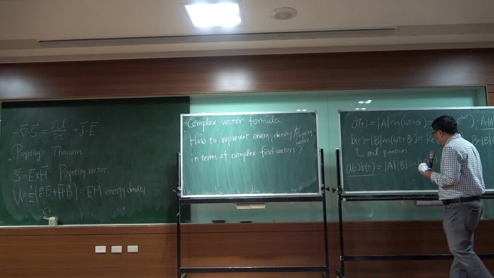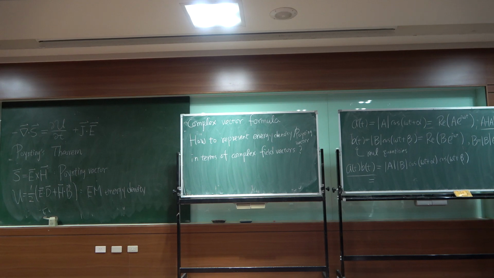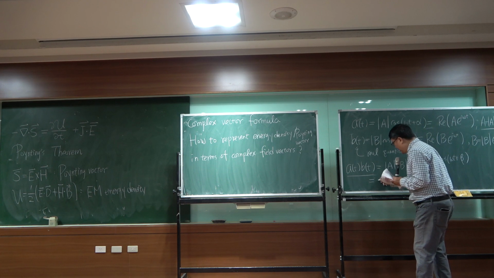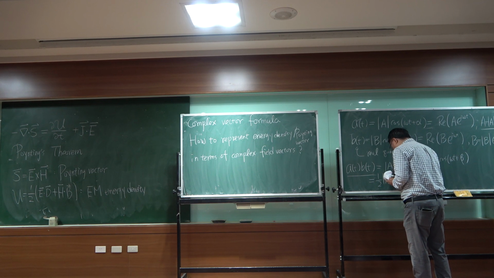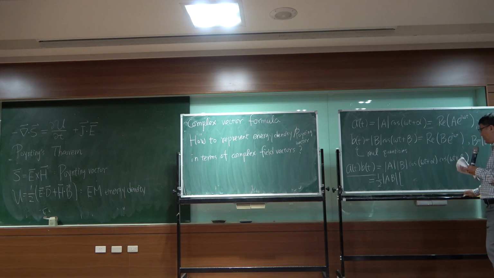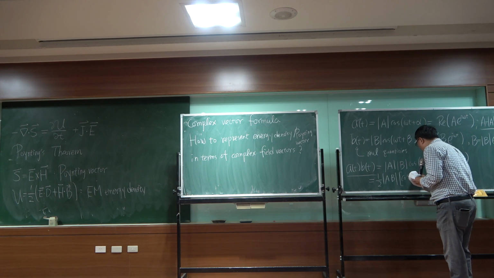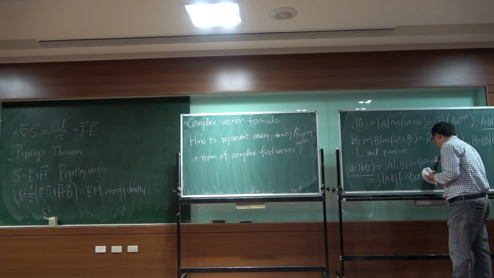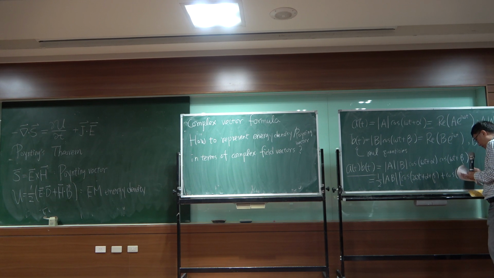And according to the trigonometric product-to-sum formula, we have cosine of 2 omega t plus alpha plus beta plus cosine of alpha minus beta. We get these two terms.